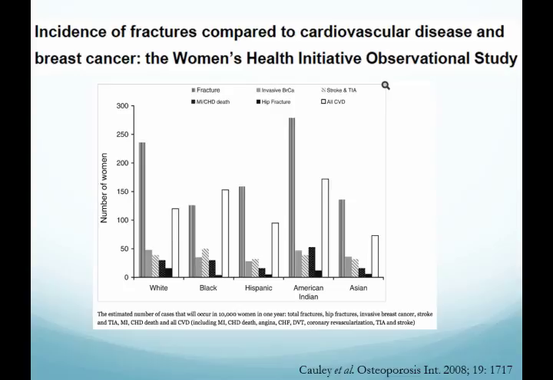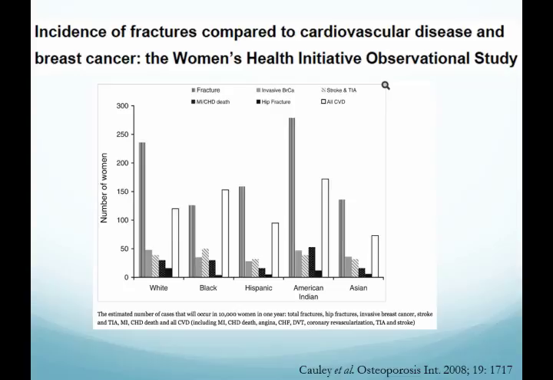Look at the incidence of fracture in white women compared with invasive breast cancer, stroke and TIA, cardiovascular death, hip fracture, just a component of that one, of course, and all kinds of cardiovascular problems combined together.